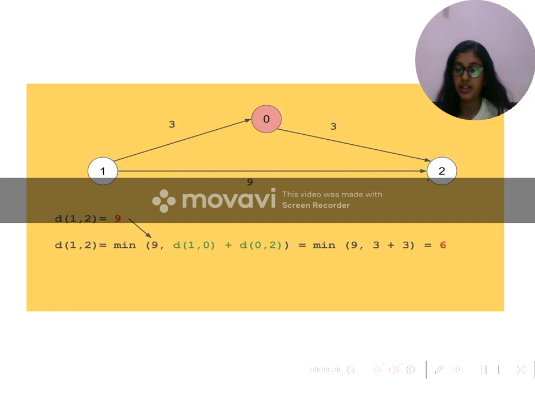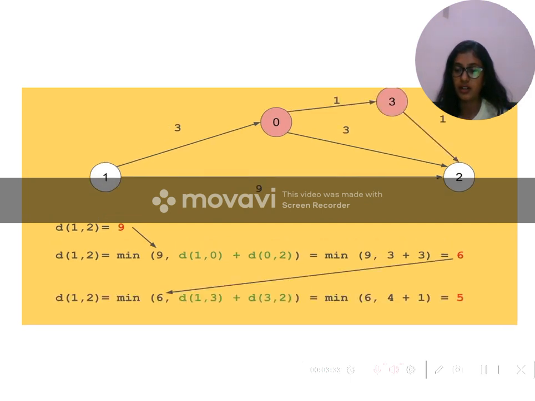Now, what if I tell you there is yet another node that you can use? It's still between the path 1 and 2. And now that you can use this one, I can say the distance can be updated to the minimum of the previous distance, which is 6, and the shortest distance of going from 1 to 3 and from 3 to 2, which would be 4 plus 1.